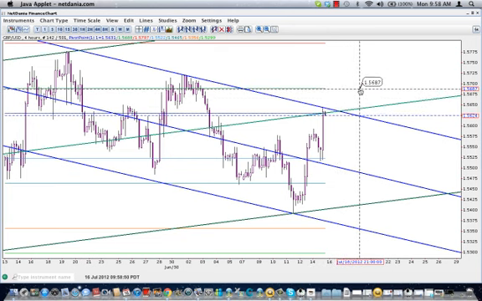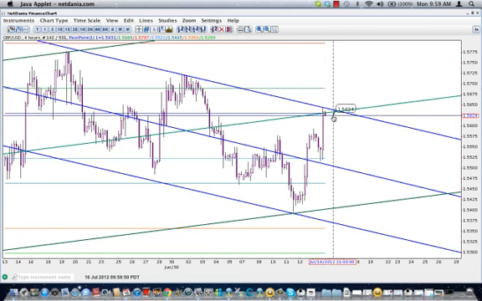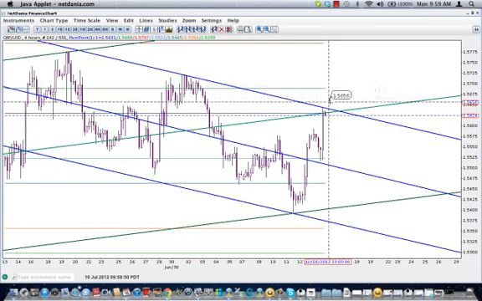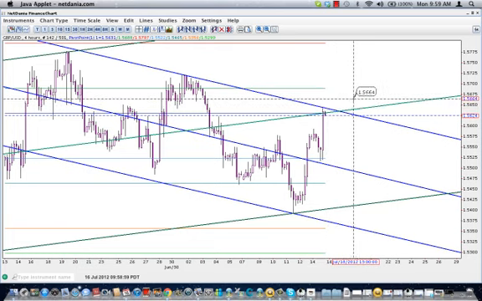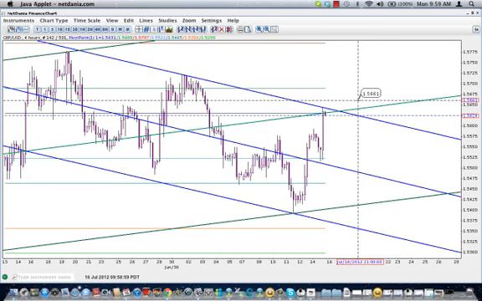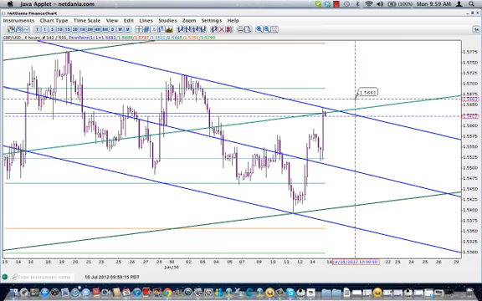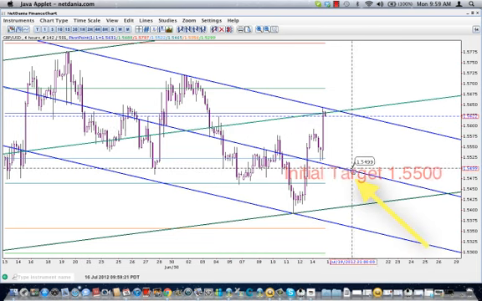Now, what are our targets? Well, we have all of these price levels converging pretty much within a 20 pip zone here. So we need to figure out a good way to exit this trade with our profits. Initially, my target is going to be around 55.00. It just really depends.